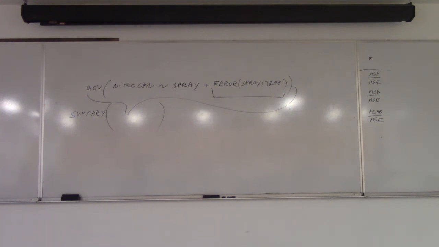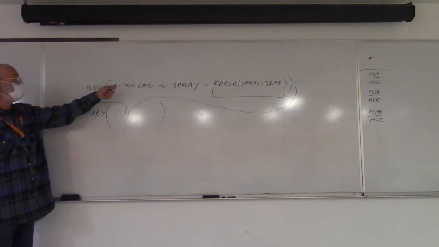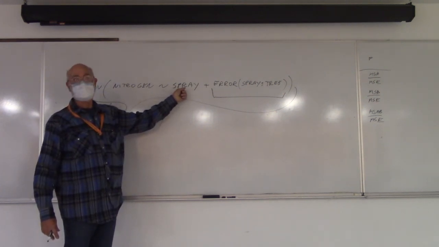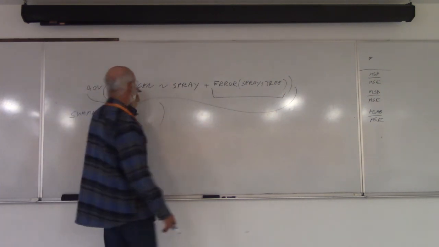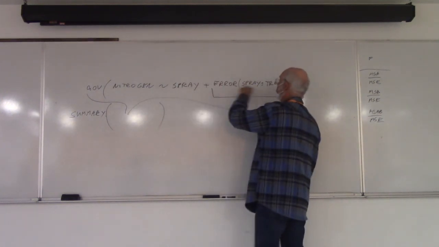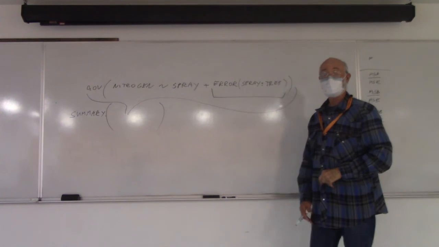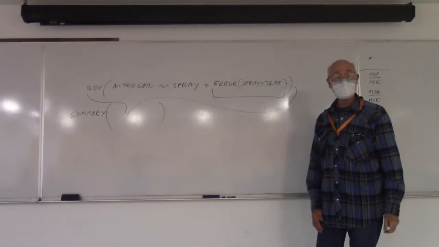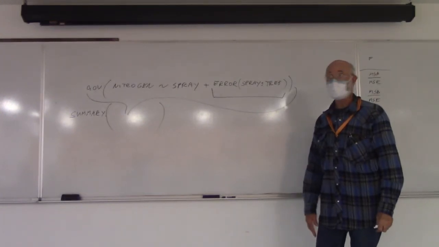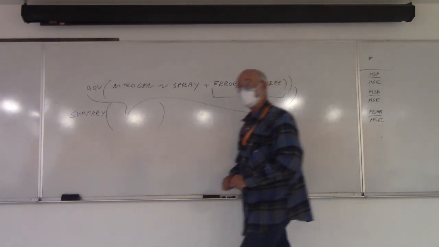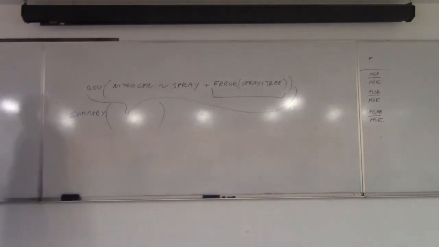So make sure you do that step. If you don't do that step, if you just do nitrogen against spray, it gives you the wrong answer. Or if you do nitrogen against spray colon tree, it gives you the wrong answer, because then it assumes that your error term is going to be the SSE, and that's not the correct error term. That's the step that most people miss.